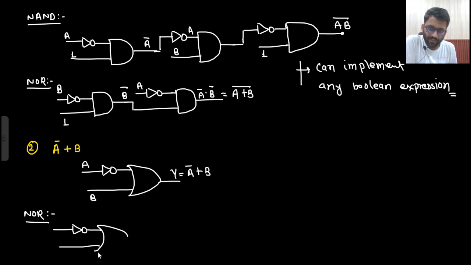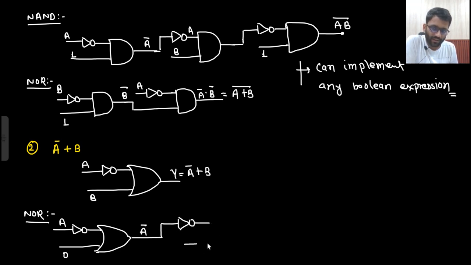This is the logic gate I am having. This is A, this is B. Instead of B, I will put 0. So A bar plus 0 will be A bar only. So I am getting A bar. So A bar goes here, and then the inverter comes.